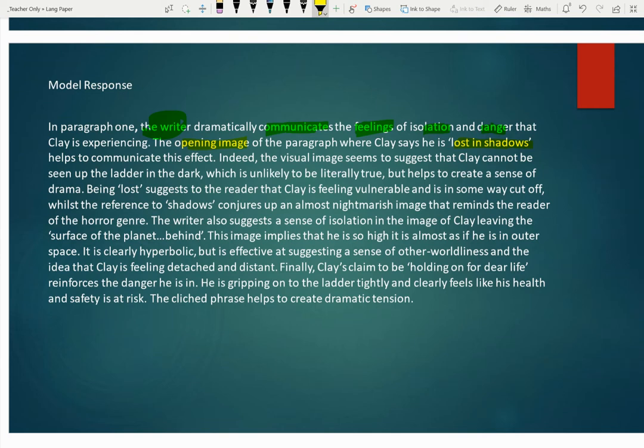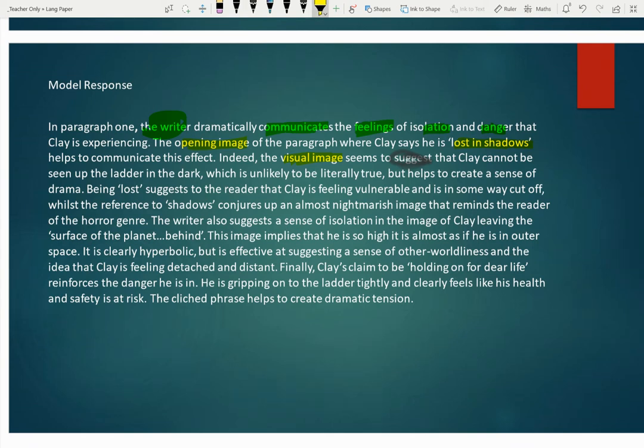So indeed, the visual image, just to reinforce that I recognize it's an image, seems to suggest. So you can see that suggest is an analytical verb, and if you go through and look at all of the verbs I use, you should see that there's a lot of analytical ones in there. So I'm talking about the effects created by the reader.